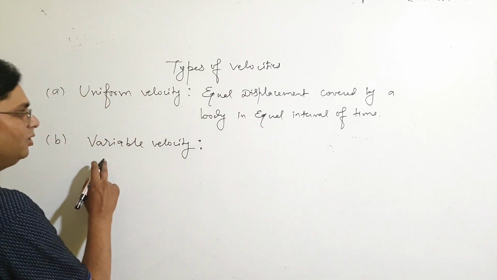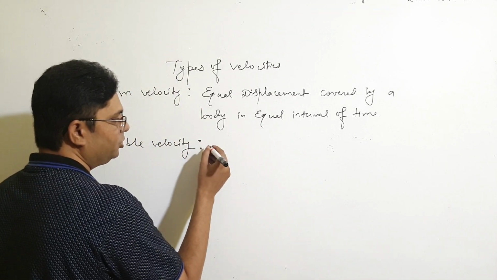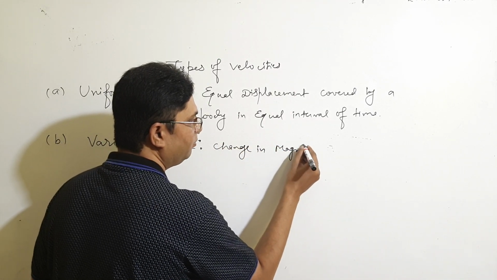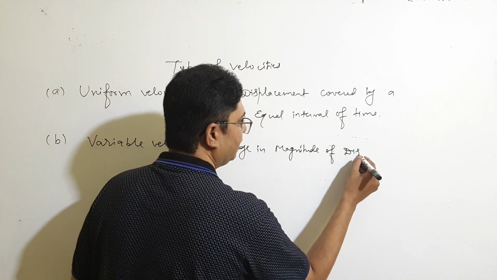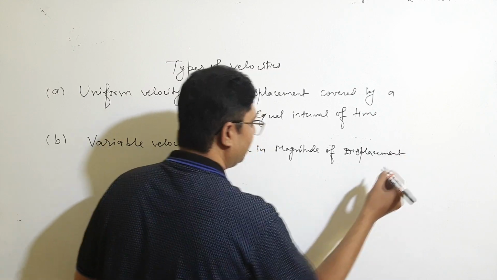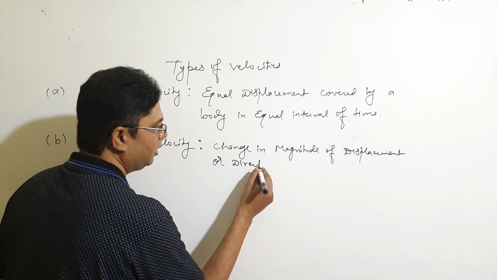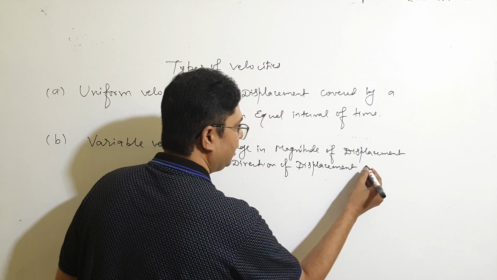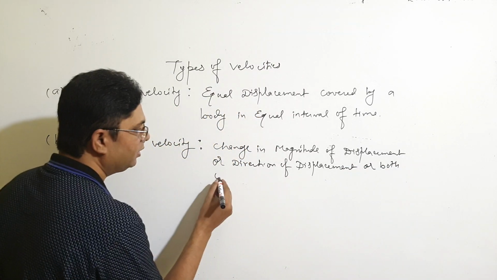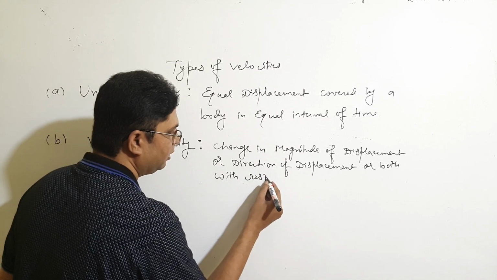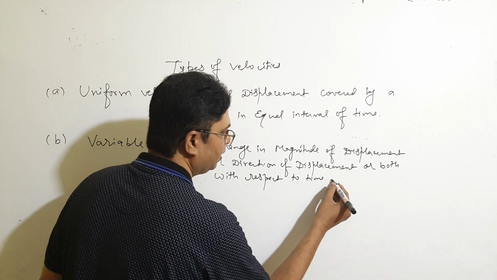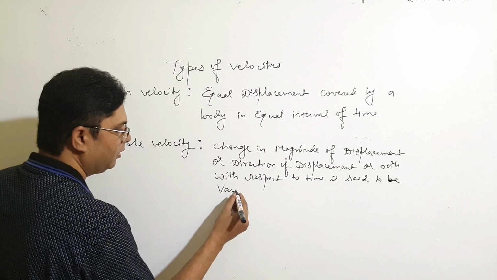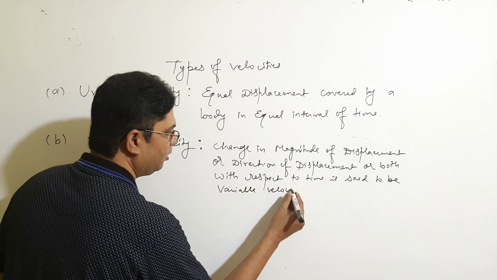So when you talk about variable velocity, this is change in magnitude of displacement or direction of displacement or both with respect to time, which is said to be variable velocity.